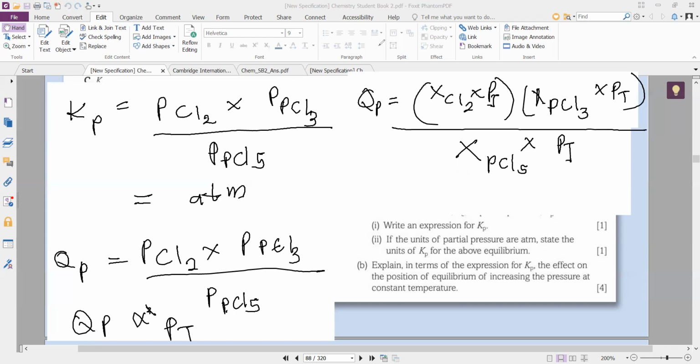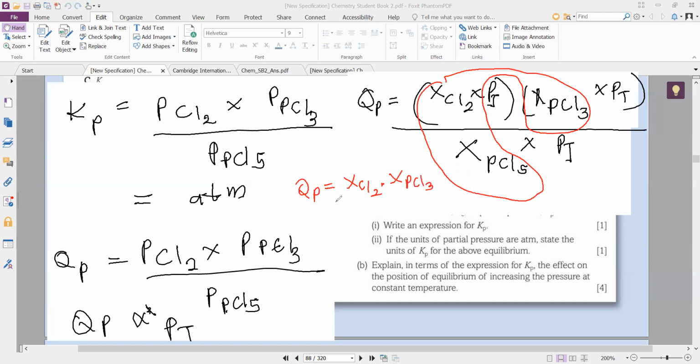If we separate these mole fraction terms, you can write this QP as mole fraction of Cl2 into mole fraction of PCl3 divided by mole fraction of PCl5 into total pressure.